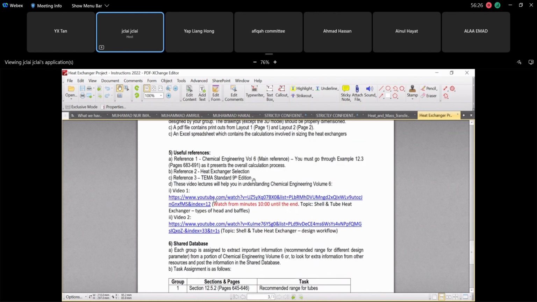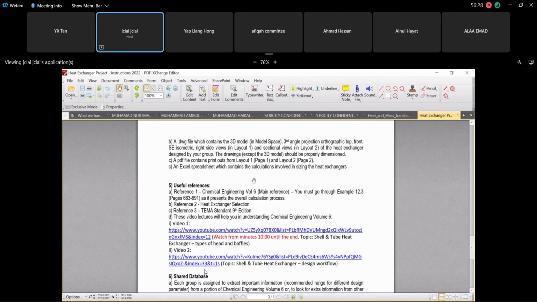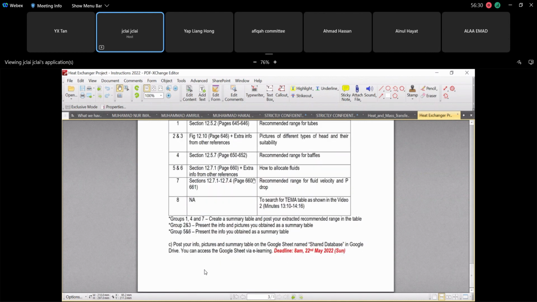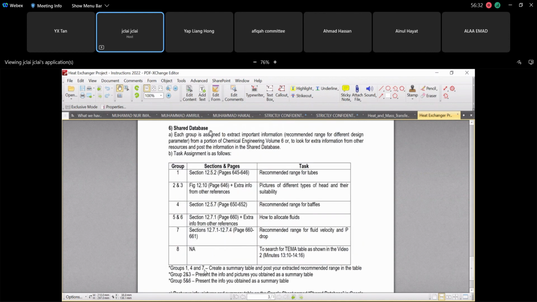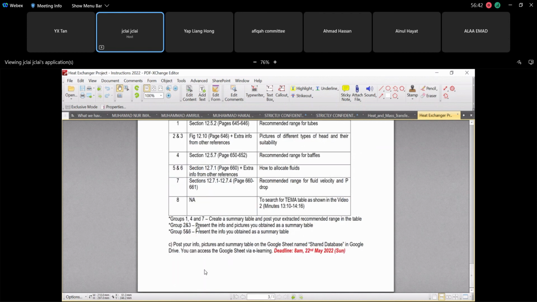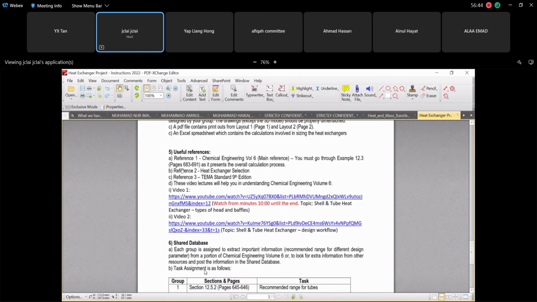Okay, what else? Another thing is this database. Because we assign each group to be in charge of different things. You are provided with three very useful references, especially reference one, Chemical Engineering Volume 6.